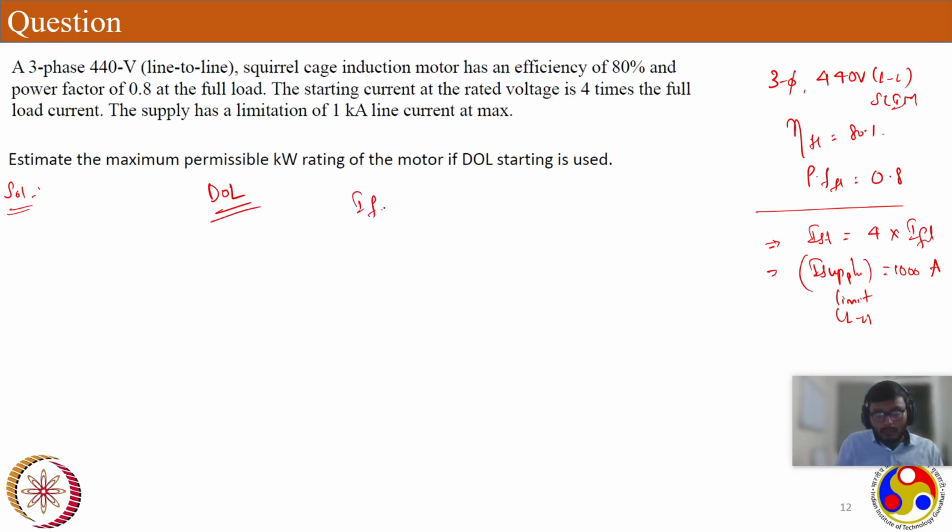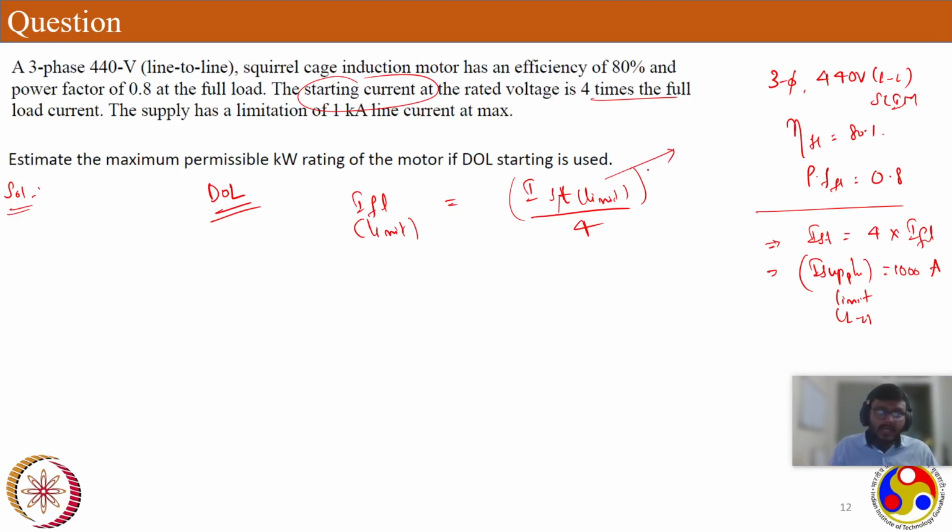Now, for my full load current maximum limit, my starting current will be four times the full load current. So we have to find the full load current here. How much is the full load current limit? It's nothing but starting current limit divided by 4. The maximum my supply can give is 1000 amps, and I want to use it anyhow.